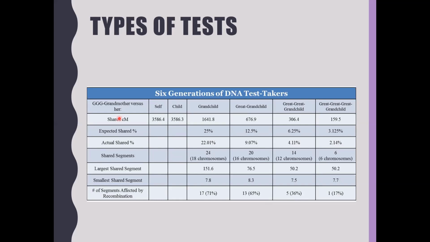And because of how they do the testing, the self has actually twice as much DNA, but everything that the child got from one parent, they share. So it's a complete match. The grandchild, instead of getting half their DNA from the original person, has a quarter, because there are now 4 grandparents, not 2, like there are parents.